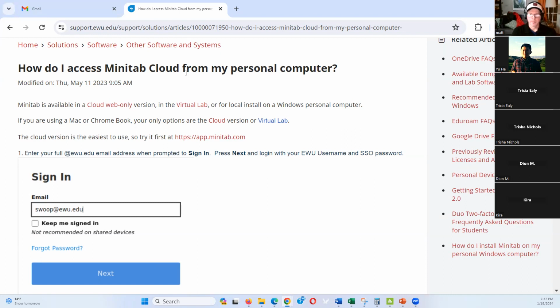Everyone has Google Drive from Eastern, so you can import from there. You can directly open the file, give the path to your Google Drive, and access the data.